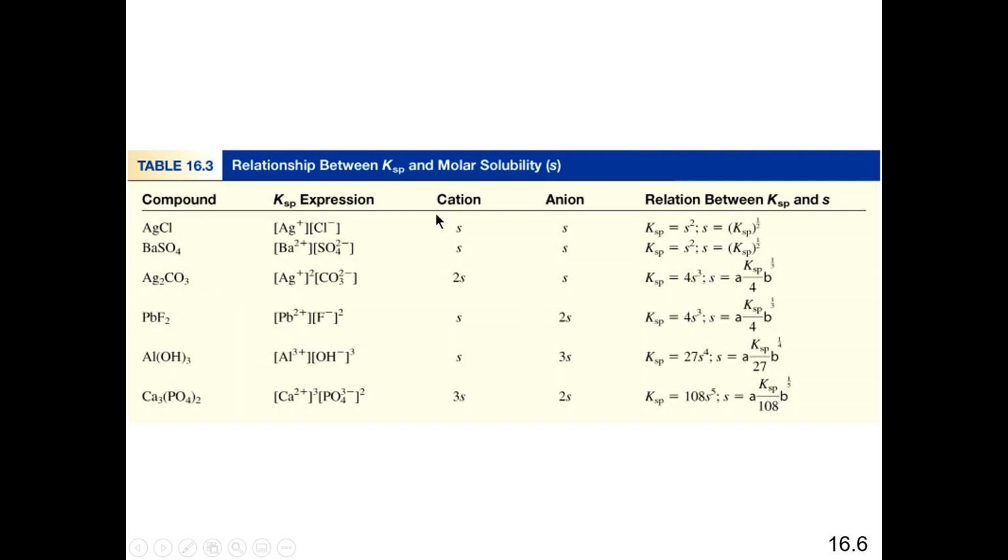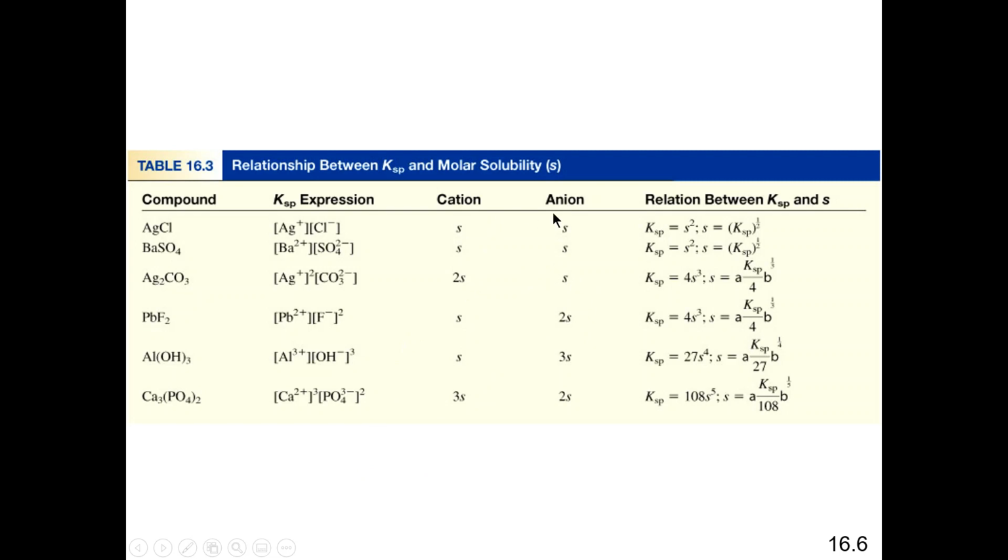Additionally, you can determine what the expression for the cation and anion is in terms of S, S being the solubility, of course. So in the case of silver chloride, both of them will have the S value. In the case of barium sulfate, the same, and that's because of the 1:1 ratio between these two. However, in the case of silver carbonate, it would be 2S for the cation and S for the anion, and so on and so forth for the others.